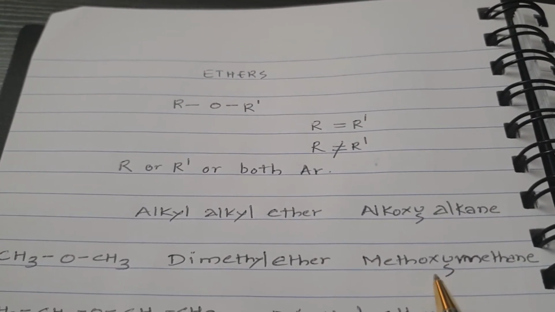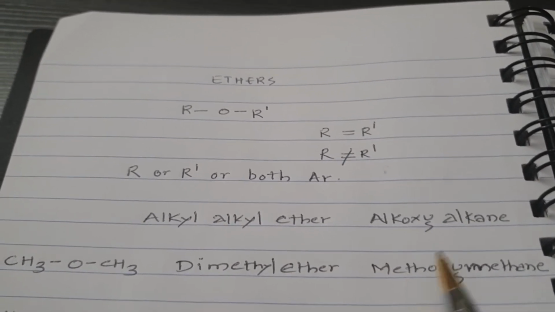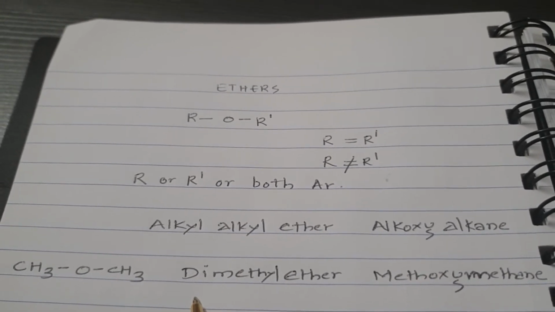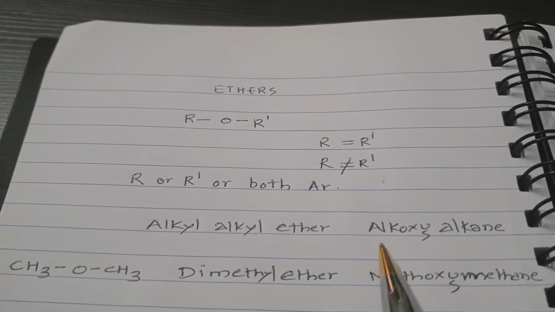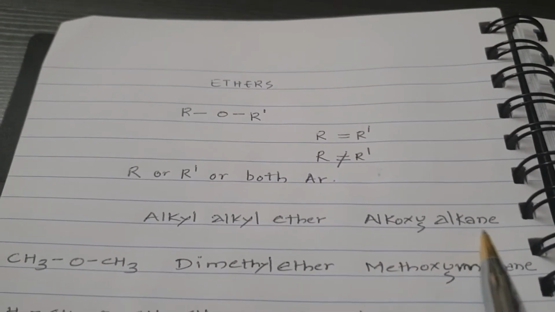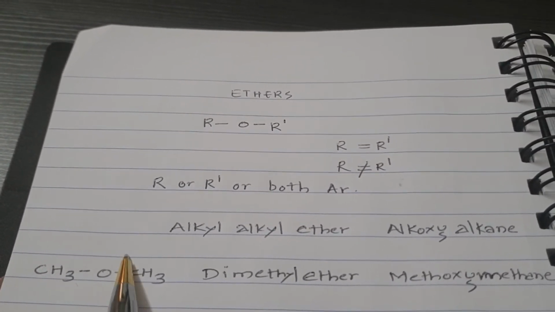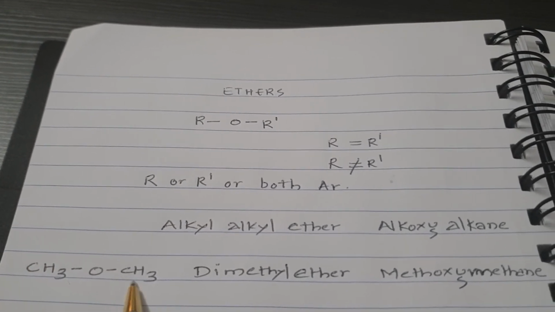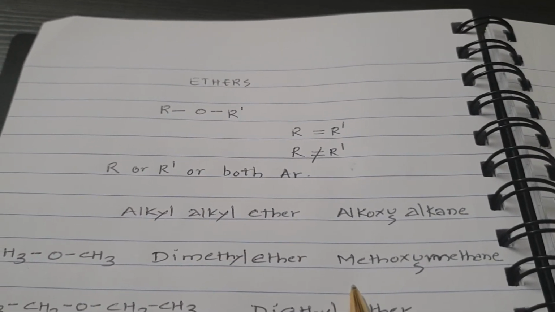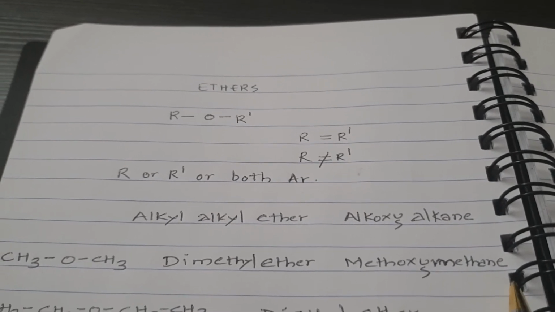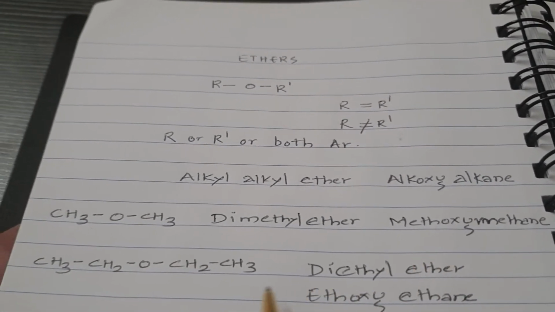According to IUPAC nomenclature, we don't follow this way, but we follow the method of naming it as alkoxyalkane. Hence, the name of this compound will be methoxymethane.